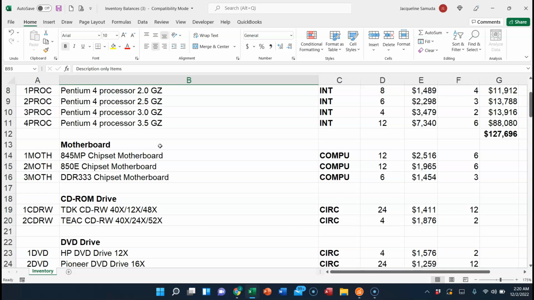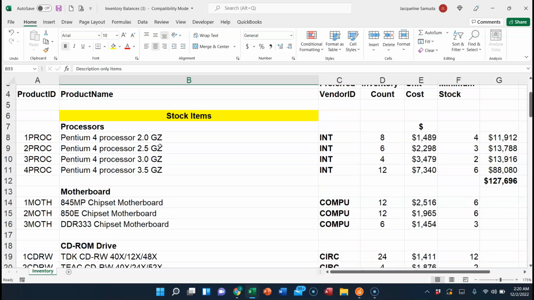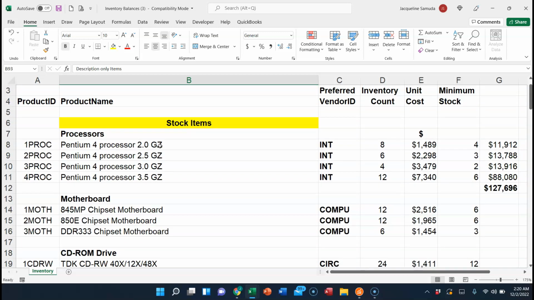It says motherboard inventory. But when it comes to the sales account and the cost of sales account, a number of these groups are going to fall under the grouping sales computer systems inventory and cost of sales computer systems inventory.